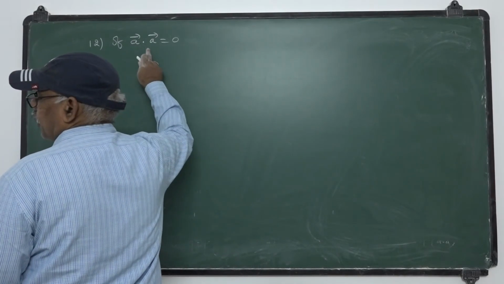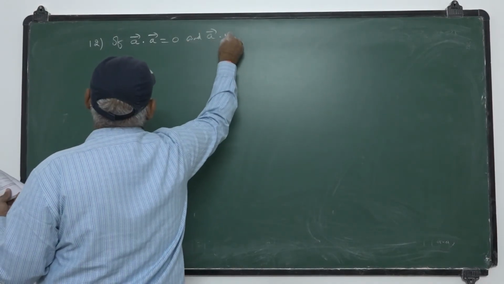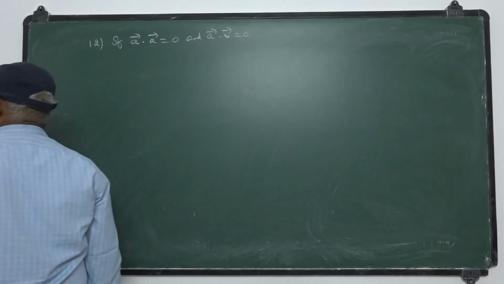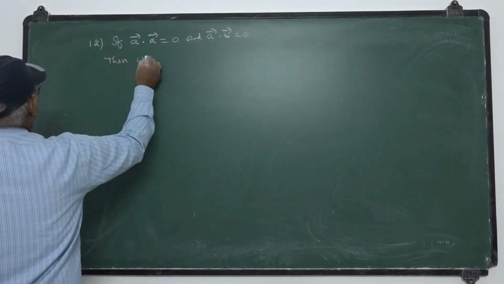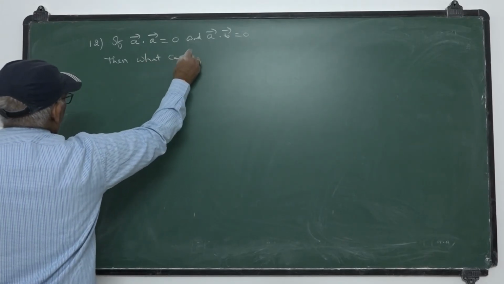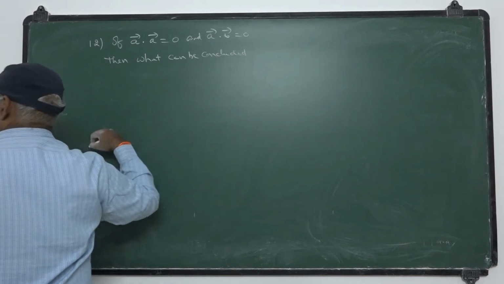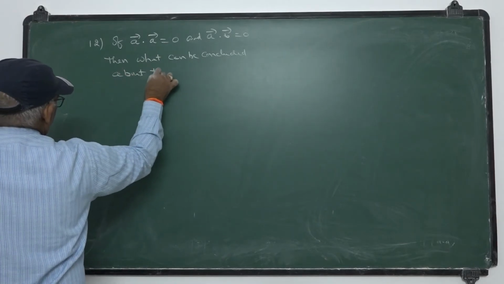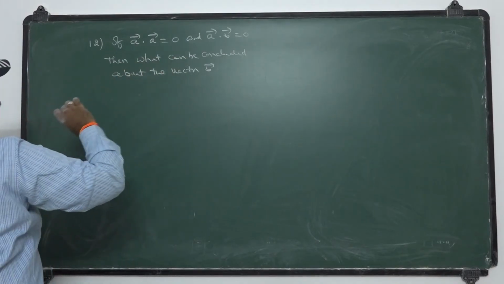If A bar dot A bar is 0 and A bar dot B bar is 0, then what can be concluded about the vector B bar? This is our problem.